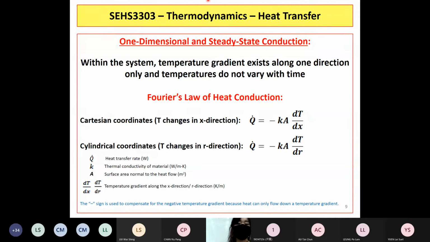If we say X direction, that should be the YZ plane, right? dT over dx or dT over dr is actually the temperature gradient along the X direction or the R direction. Here we have an important parameter, K. That is the thermal conductivity of the material. Actually, it is a material property.